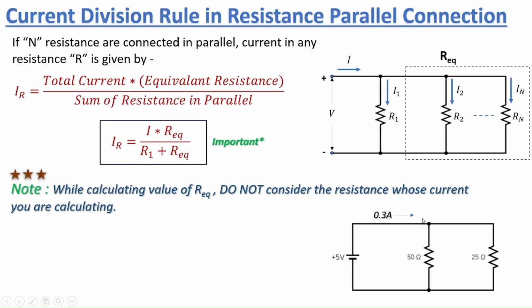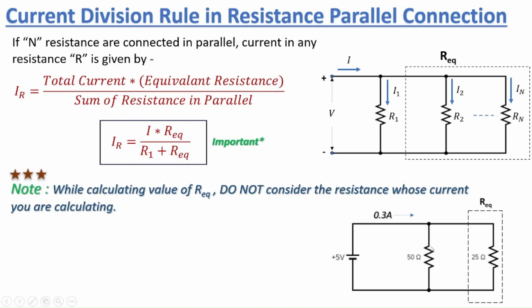Let's just say we have this circuit right here and the total current coming out from the supply is 0.3 amperes. Now we want to calculate the current going into each branch here. When I'm calculating for this 50 ohms, the current going inside this 50 ohm branch, this 25 ohm is my R equivalent value.